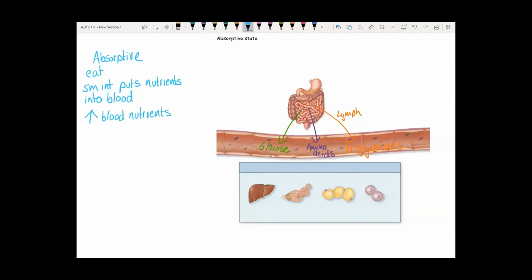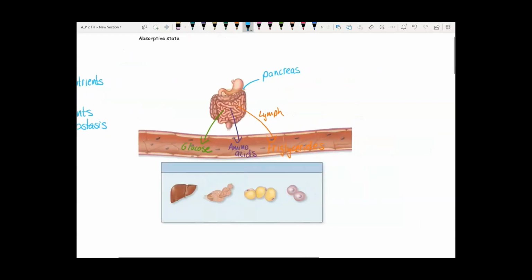Now remember, you always want to maintain homeostasis. So you don't want your blood nutrient levels to be too high. So your pancreas, you can see it tucked back here behind the stomach, monitors your blood glucose.